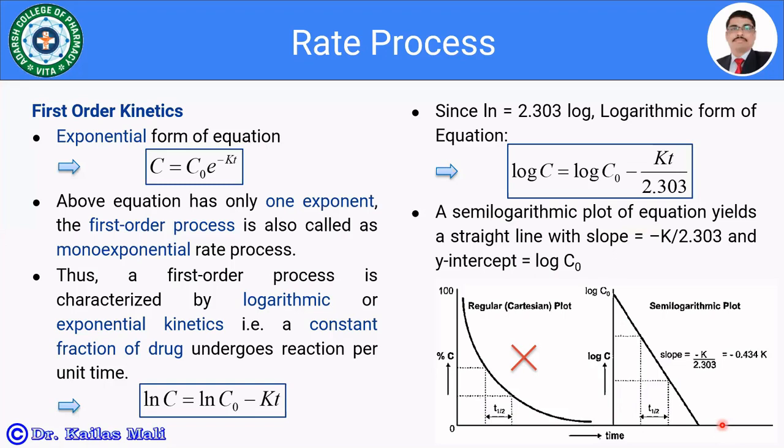So this is about first order kinetics. The final equation is log of C is equal to log of C0 minus kt divided by 2.303.